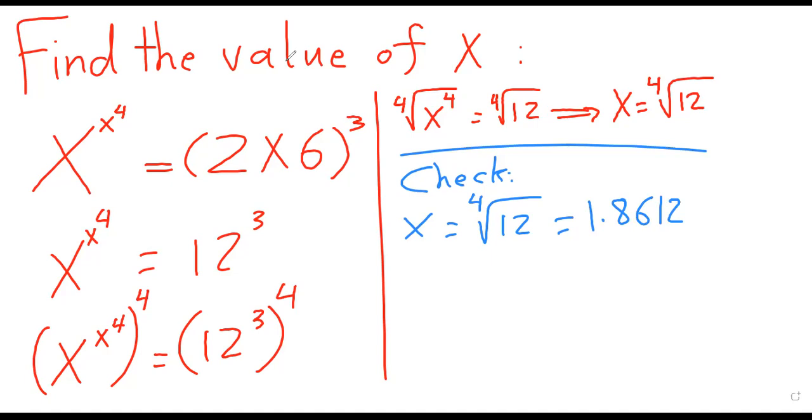Now I'm going to solve the left side with this number. The left side equals x, which is that number, 1.8612, to the power of x, the same number, 1.8612 to the power of 4.